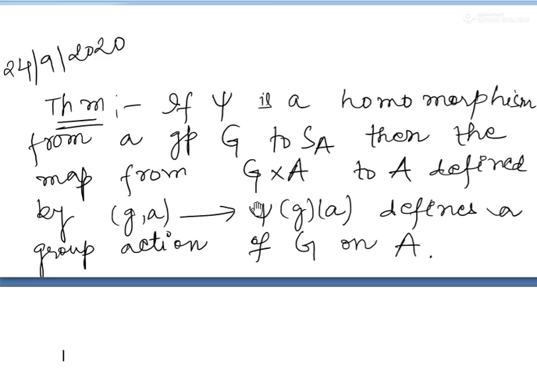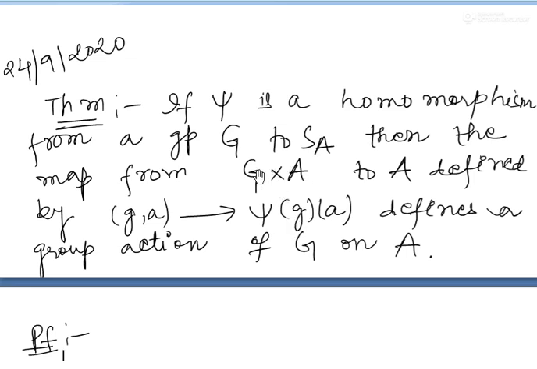So as we apply psi on G, an element of capital G, psi G comes in SA. That means psi G is a map from A to A. So psi G of small a is an element of A, where this a belongs to A. So psi G A will be an element of A, as we require.